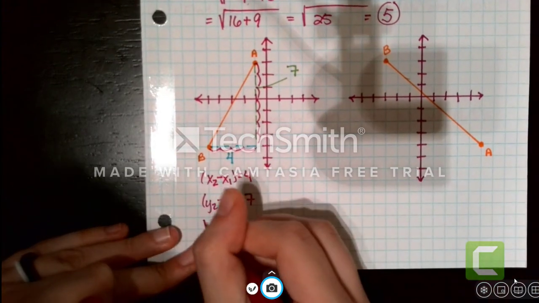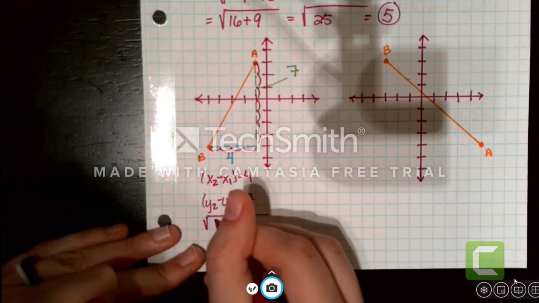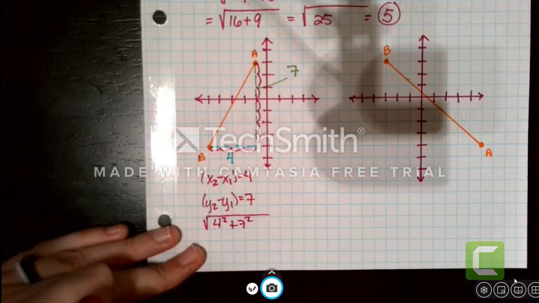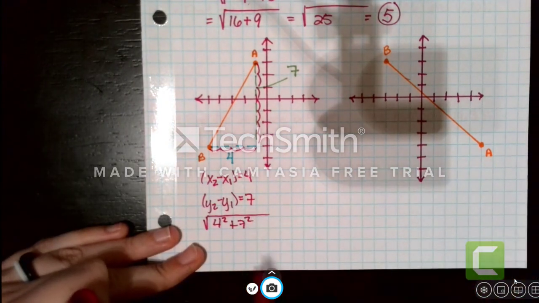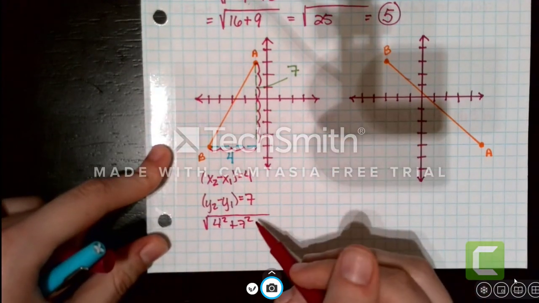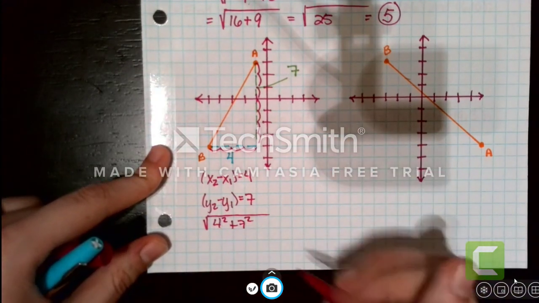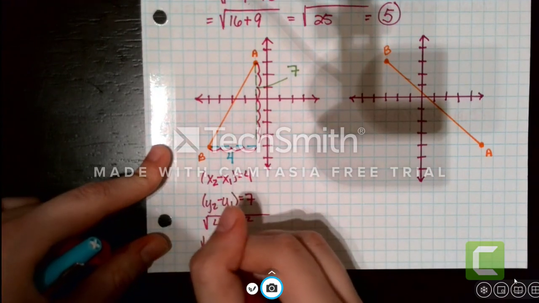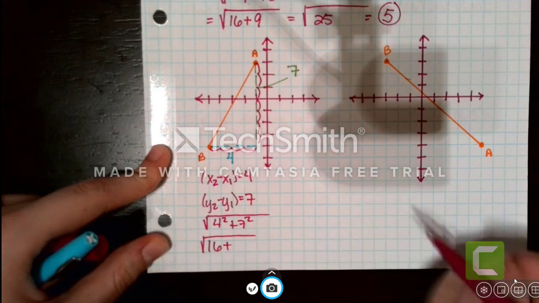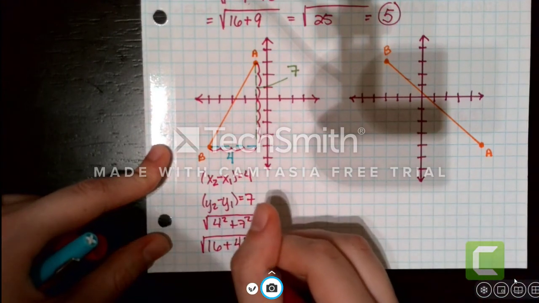You should have the square root of 4 squared plus 7 squared. No subtraction needed. We can jump right into solving these. Just like below, when we had in the first example, 4 times 4 is 16. So you should have the square root of 16 plus 7 times 7, which is 49.